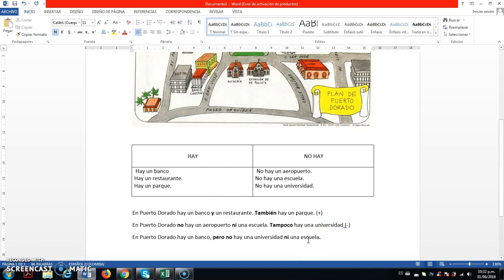Okay, so this is contrast, affirmative, negative. We can do different, like in Puerto Dorado no hay una escuela, pero hay un banco y un restaurante.